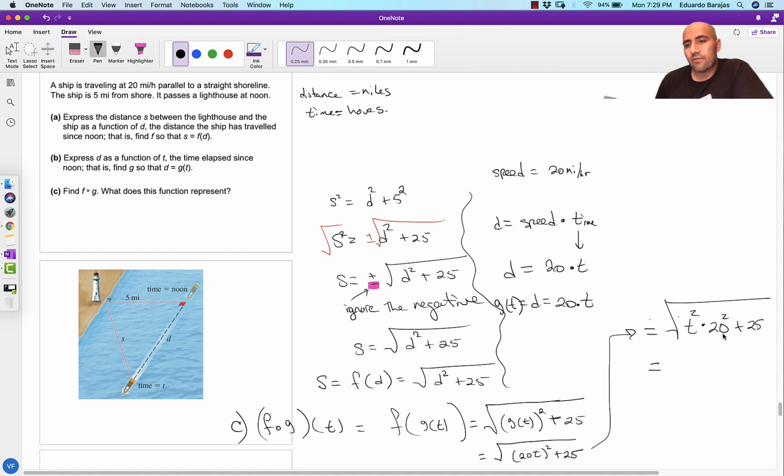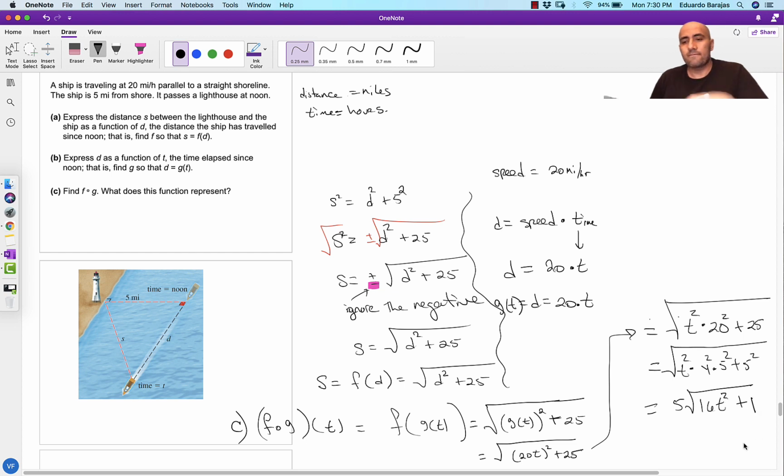We can factor out, there's a 4 and a 5 here. So this is the same thing as t squared times 4 squared times 5 squared plus 25, or 5 squared. That radical then gives you 5 on the outside, square root of 16t squared plus 1. And I believe that's as good as it gets. We really can't reduce it any further.